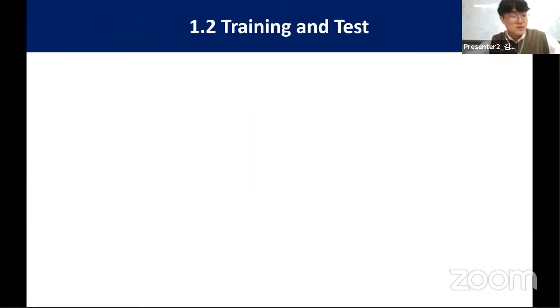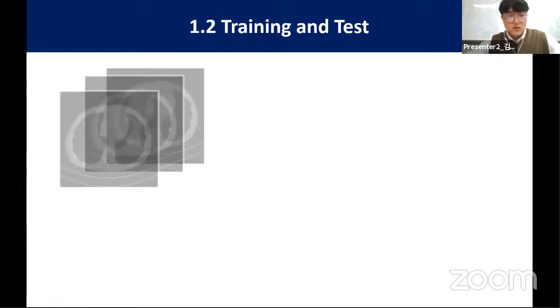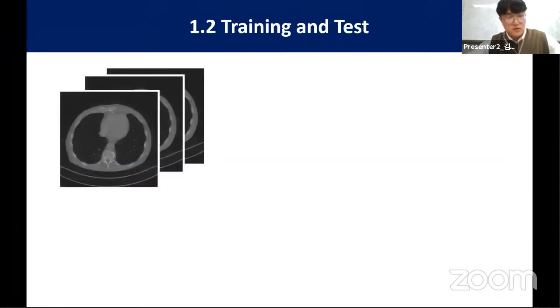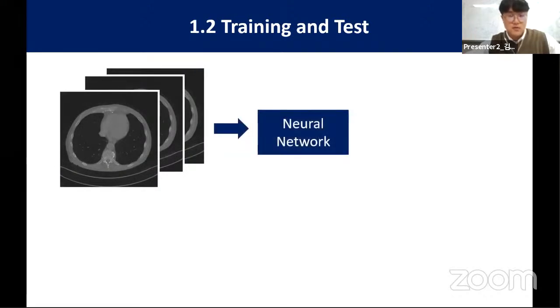In this slide, I will briefly explain the concept of training and testing deep neural networks. First, given multiple data samples, so-called training data sets, we train neural networks to predict the target, such as the probability of a tumor or detection maps.